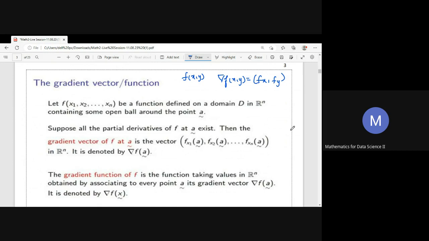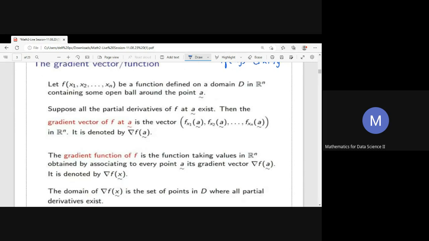If you have n variables, then you calculate the partial derivative with respect to n different coordinates. This is the gradient function. For a gradient vector at a particular point, you just evaluate each partial derivative at this a value and write the values. That's all. Anyway, this gradient vector or function is a vector.